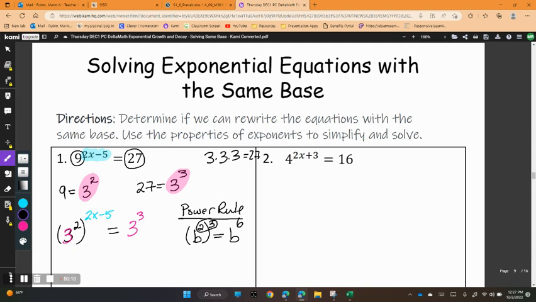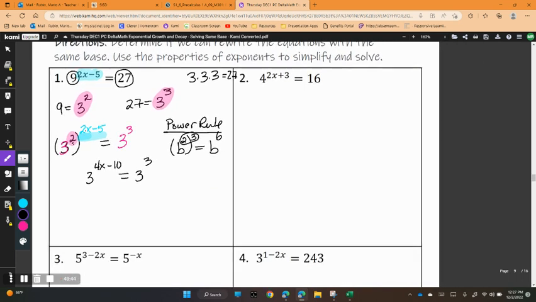So when you have a number raised to another number up here, all you need to do is multiply everything up here by this 2. Let me write that out. I'm going to write 3 to the 2 times 2x, which is 4x, and 2 times negative 5 is negative 10. And that's going to equal 3 to the 3rd power.